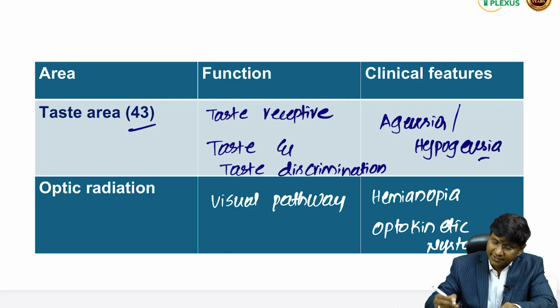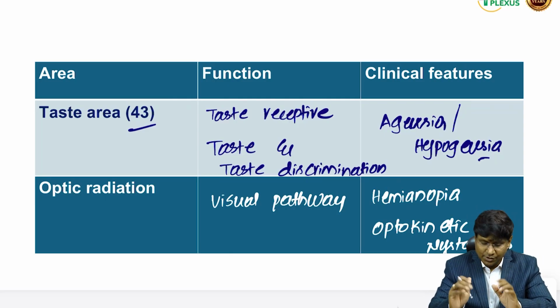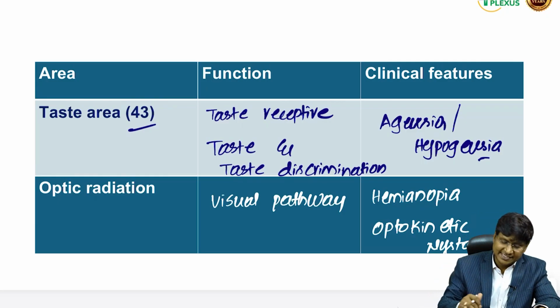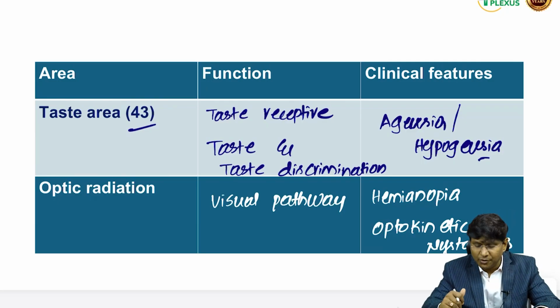Optokinetic nystagmus is a nystagmus that occurs in response to rotatory movement. It is present normally, but it gets affected whenever there is damage to the optic radiation, which is a part of the parietal lobe.